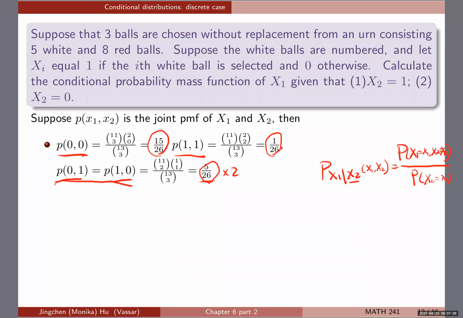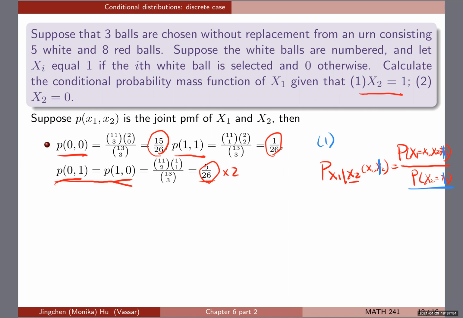So in order to get x2 equals 1, in part 1, you're replacing all of this with 1 everywhere. That requires you to figure out the marginal of x2 equals 1, and also the joint when x2 equals 1, regardless of what x1 equals.